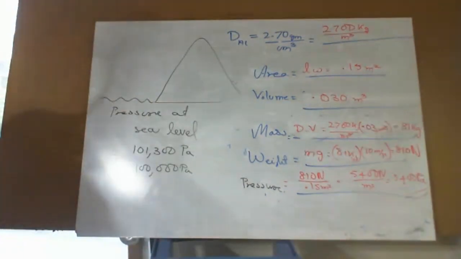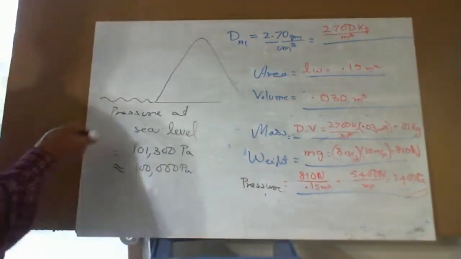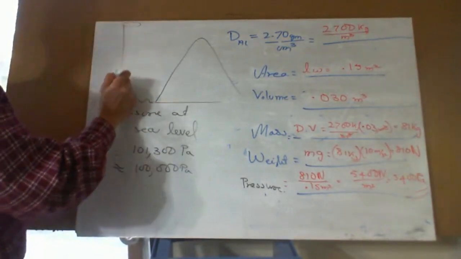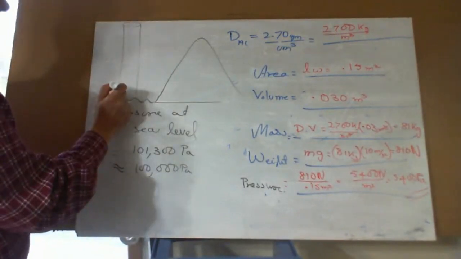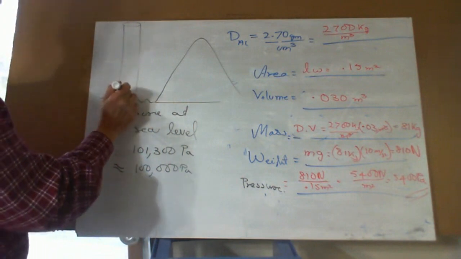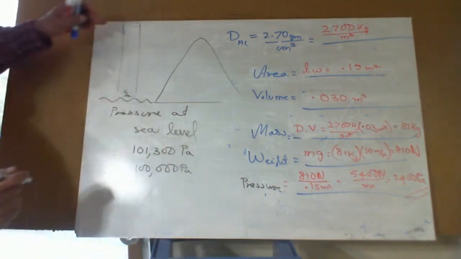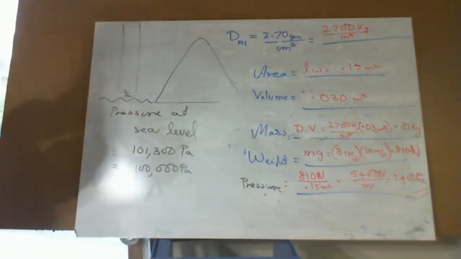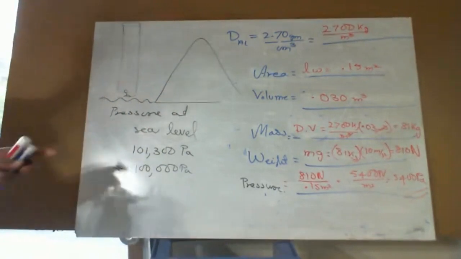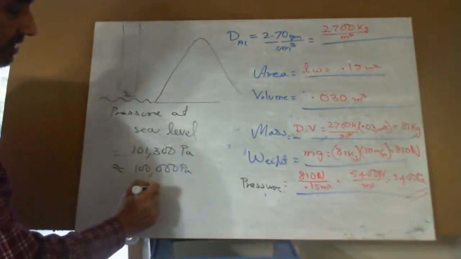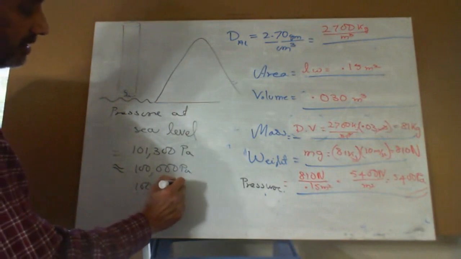Now where does that pressure come from, right? If you look at the atmosphere, if you're standing at sea level, the air above you has a weight. It pushes down on you, right? And the pressure is 100,000 newtons.